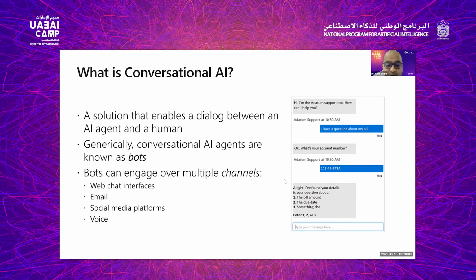ASR translates spoken words to text that the machine understands. The second step starts, where the application should decipher what the text means, and it uses natural language understanding, which is one part of natural language processing, to understand the intent behind the text.